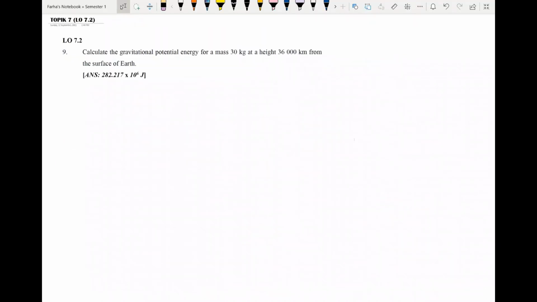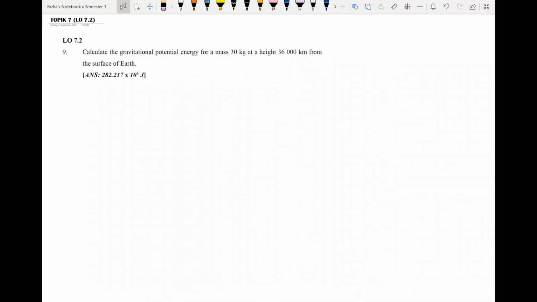Now let's look at question number 9, which covers learning outcome 7.2. Calculate the gravitational potential energy for a mass 30 kg at height 36,000 km from the surface of the Earth.